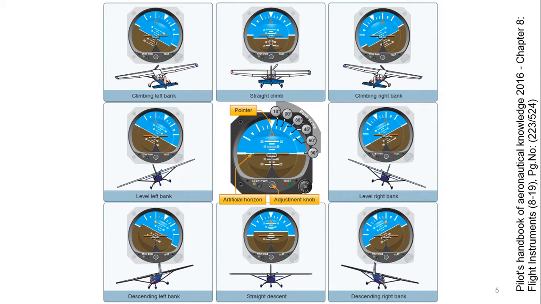But when the aircraft is in some particular orientation, like here it is climbing with a left bank, and similarly it is straight climbing, you can see the difference. And similarly if it is descending, then the airplane is getting below the horizon, and so on. So this is the artificial horizon, and this is used to determine the attitude. Attitude is nothing but the orientation of the aircraft.